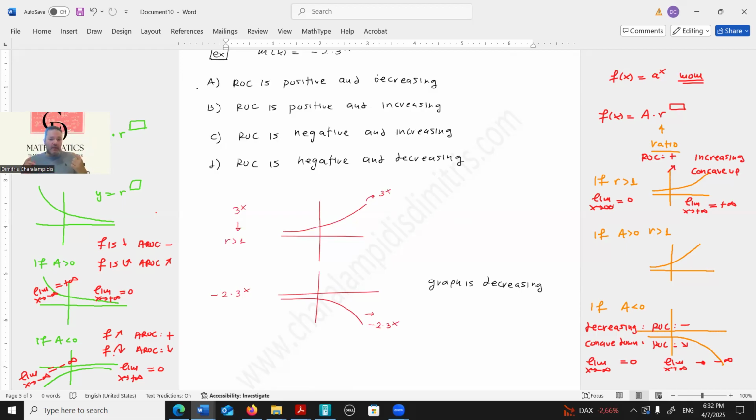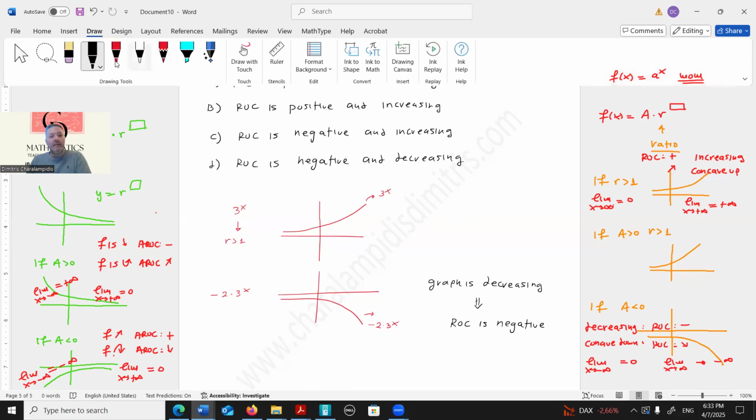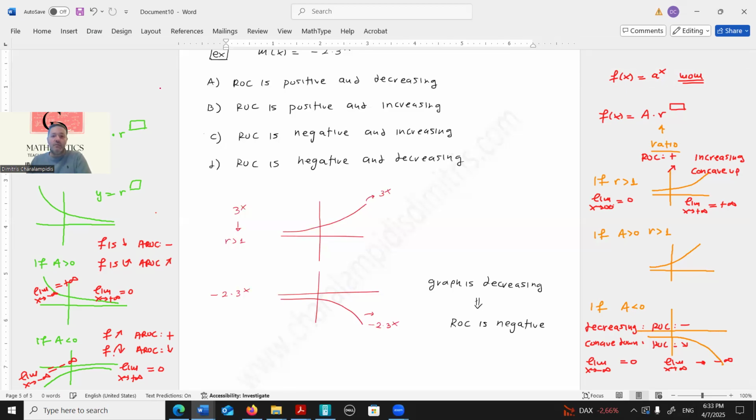Remember that rate of change positive means the graph increases. Rate of change negative means the graph decreases. So, in this case, where the graph is decreasing, this means that the rate of change is negative, which can directly take out the first two answers, A and B.